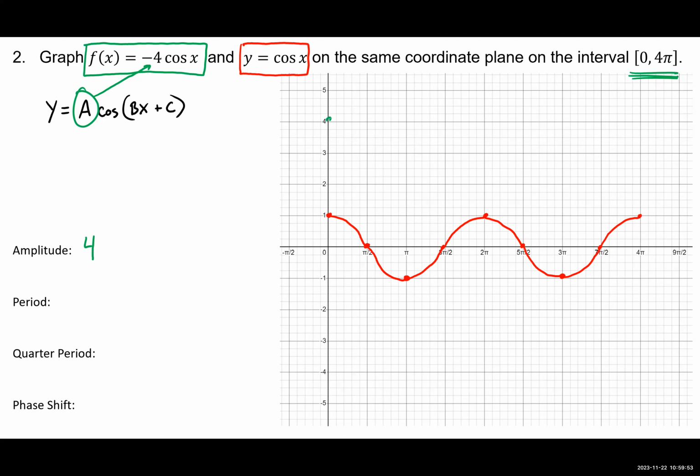So the graph is going to start up here at +4. It's going to end at +4, and then it's going to repeat. But then that negative sign is a reflection. So if it was 4 cosine, it would start up. But now to incorporate that negative sign, the graph is actually going to start down.